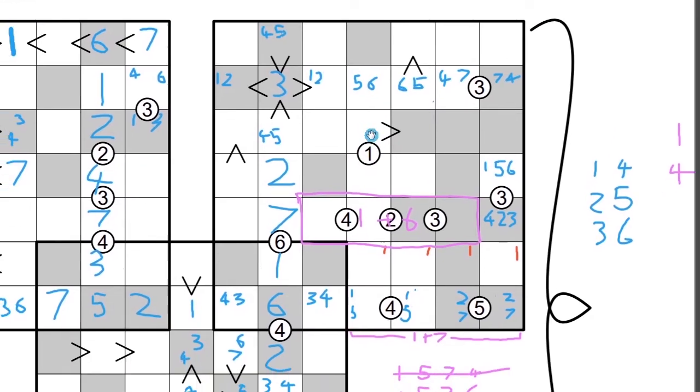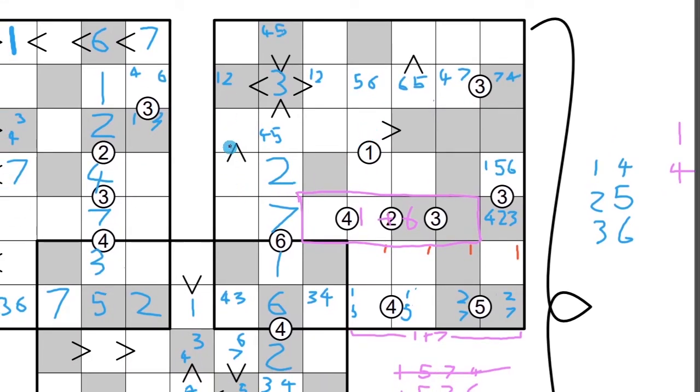Oh, actually, this is kind of interesting. I was just in my head thinking about this and thinking, well, could that be a 1? I don't remember why I was thinking about that. I noticed something about 1s. Well, so I note that I can't have a 1 there.